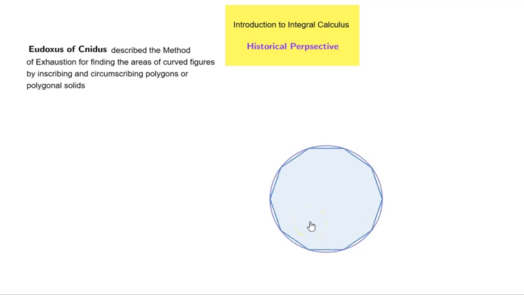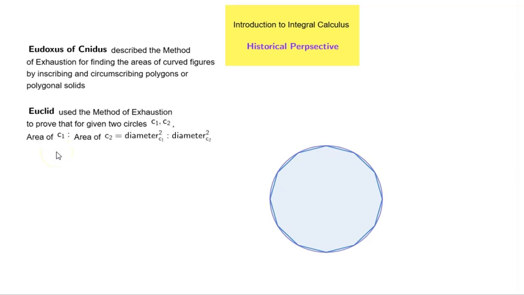We keep doing it. Till when? Till the difference between the circle and the area of the polygon has been exhausted, or till you get exhausted drawing all these polygons. So this was the method of exhaustion.